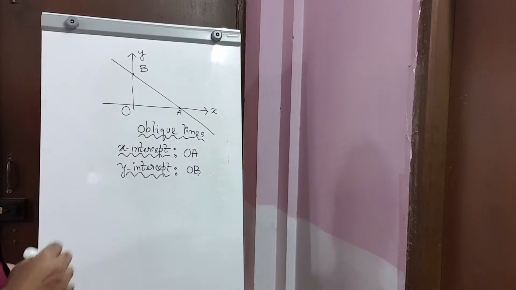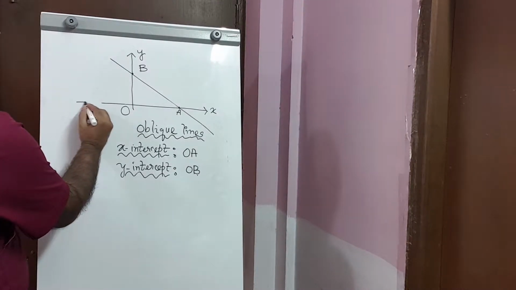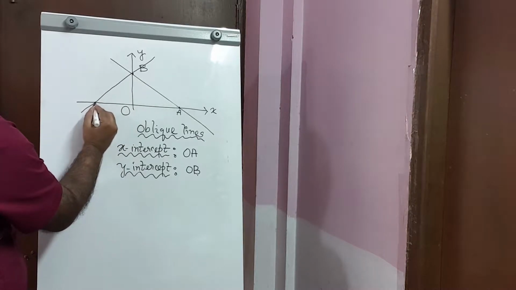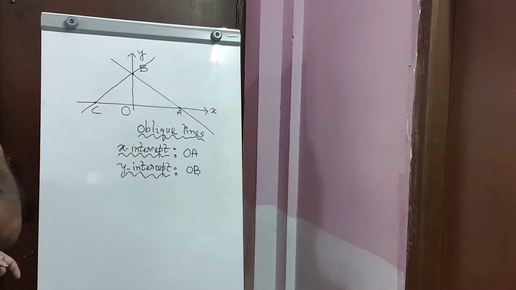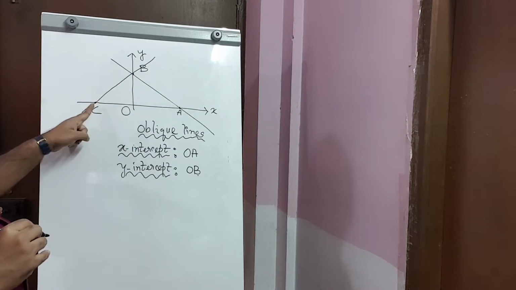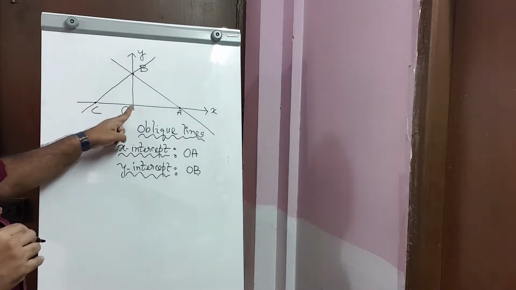Whereas if a line intersects the x-axis, say we consider another line like CB, this straight line intersects the x-axis at the point C, which is on the left hand side of the origin.